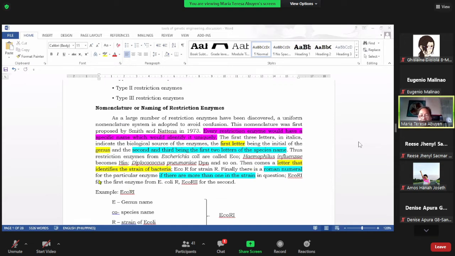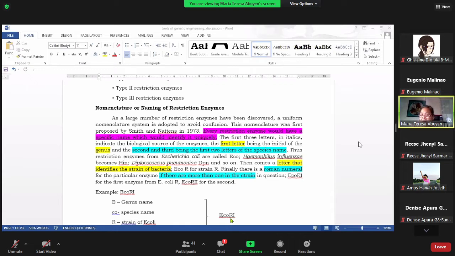Then comes a letter that identifies the strain of bacteria, because bacteria have many strains, just like viruses. The fourth letter of the restriction enzyme's name comes from the strain of the bacteria, written in capital letter.